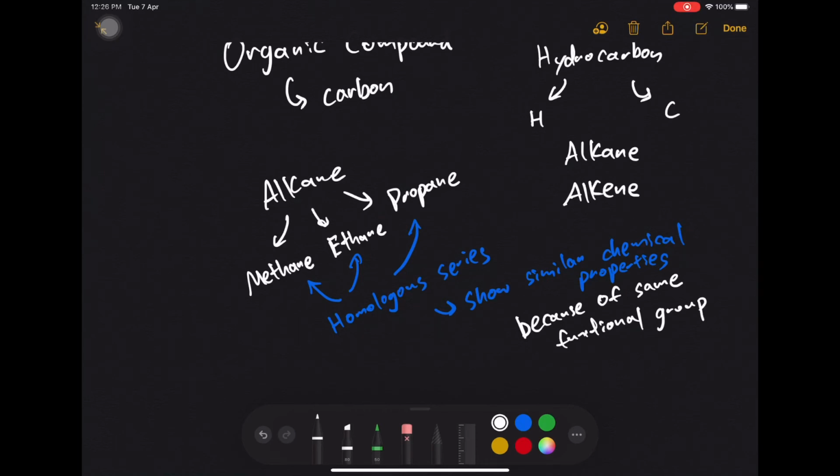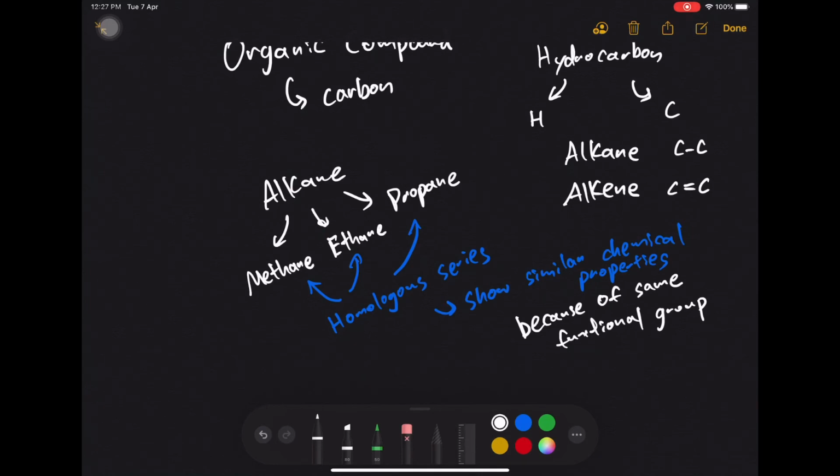Okay, so for alkene, we have the same functional group: a carbon-carbon double bond. But alkane has only a single bond, so we cannot say that alkane has any functional group. But they do have the same general formula.